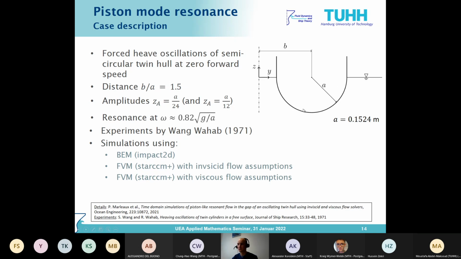However, for a round hull like this, we do not expect much influence of viscosity. We wanted to verify this, so we did the same setup with the finite volume method, just changing the assumption on the viscosity to isolate this effect.